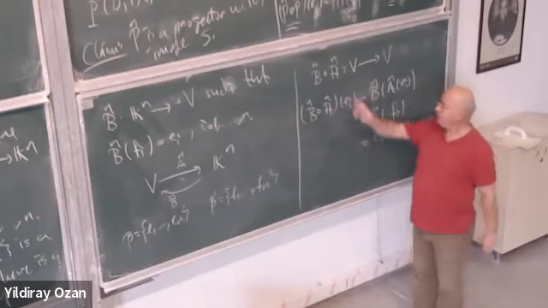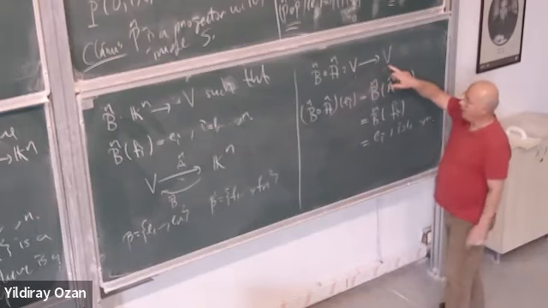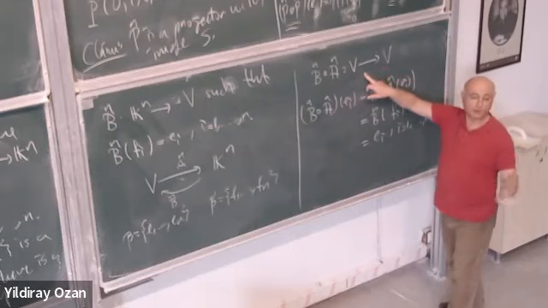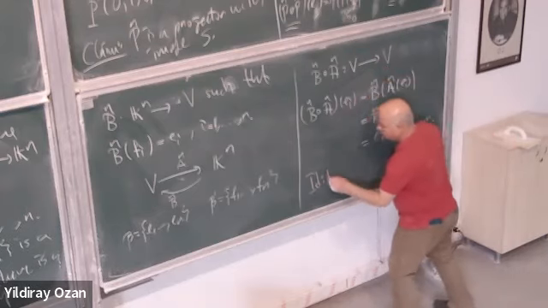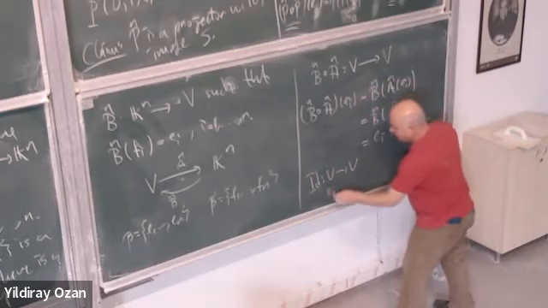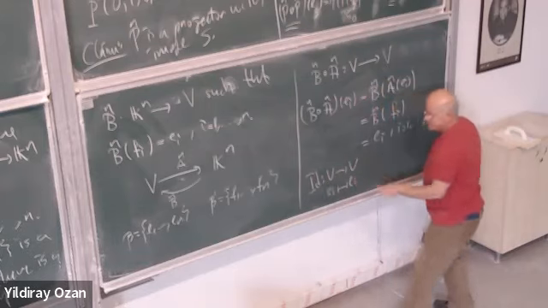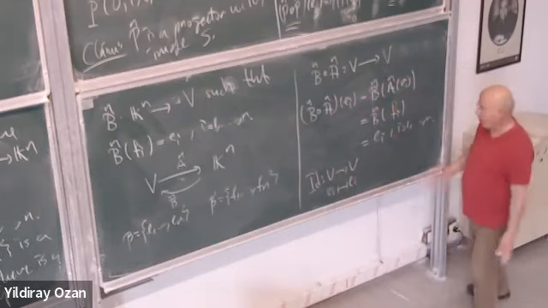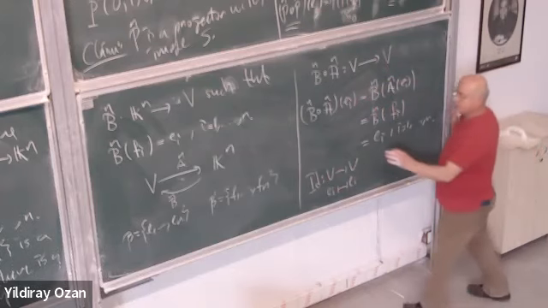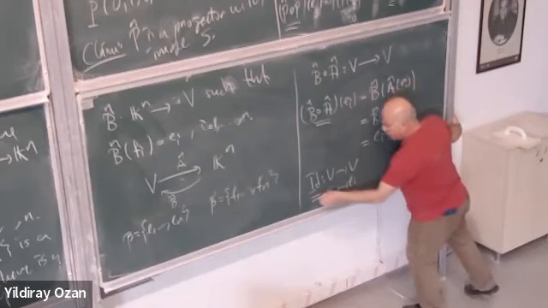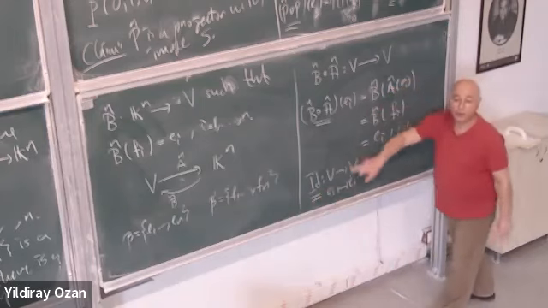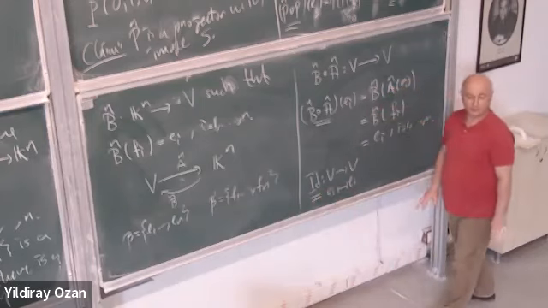A linear map from B to B which is identity on all basis elements. Just the identity map, right? The identity map itself from B to B sends Ei to Ei because it sends everything to itself. But the thing is, I have two linear maps, this one and the identity, and they agree on basis elements.